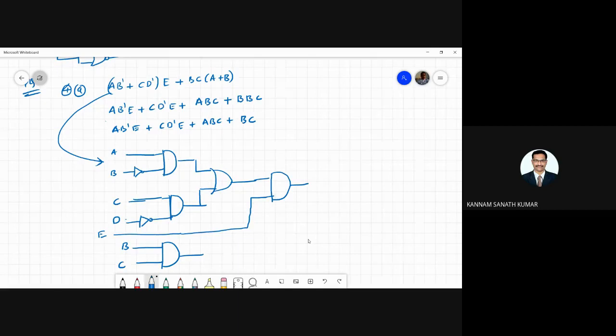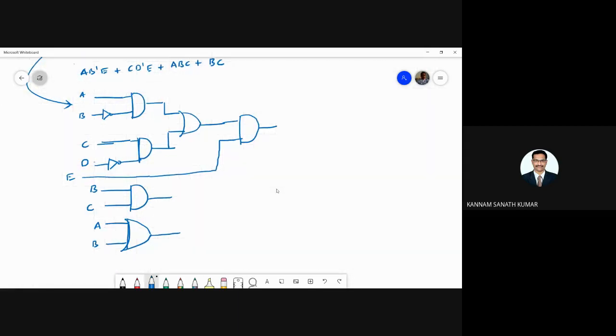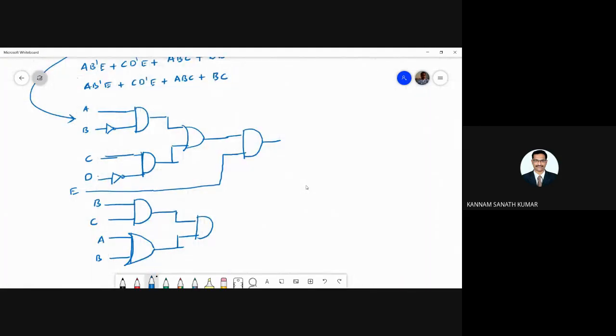Again BC and A plus B are connected with an AND gate. Next, these two outputs are connected with an OR gate.